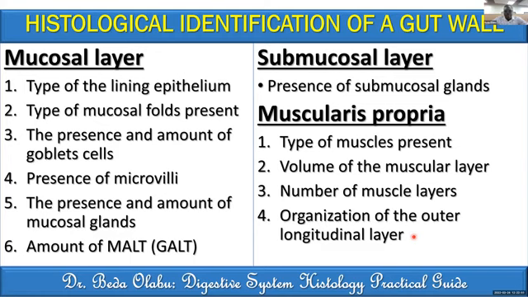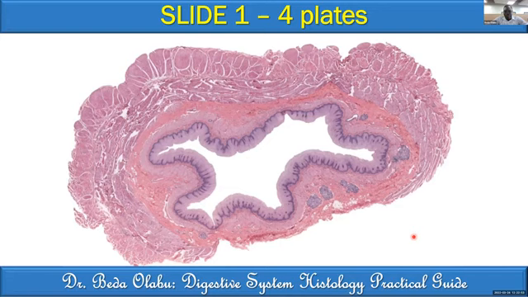So the first one is this one. We are presented with a region of the GIT. That's the lumen. And this is the epithelial lining. And we can see this is the muscular layer.